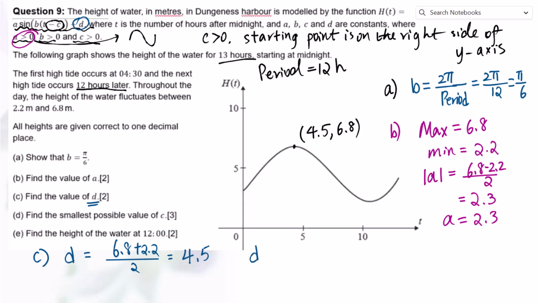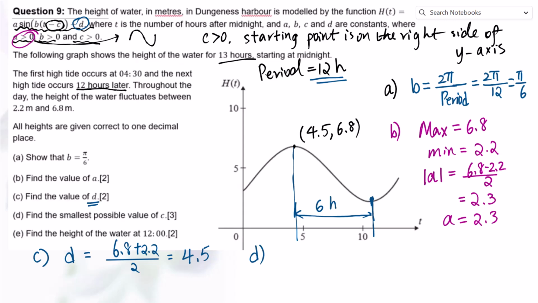Let's go to D. Find the smallest possible value of C. Since we know period is 12 hours, the horizontal distance between maximum point and this minimum point is half the period, which is 6 hours.